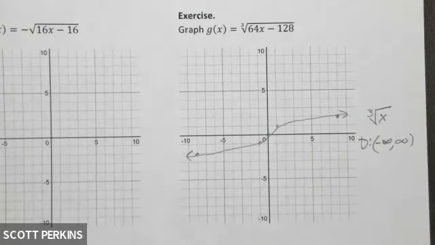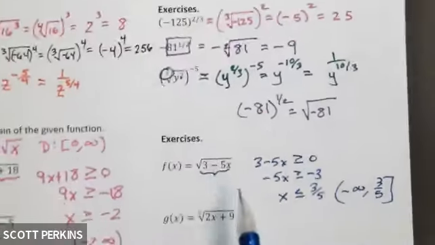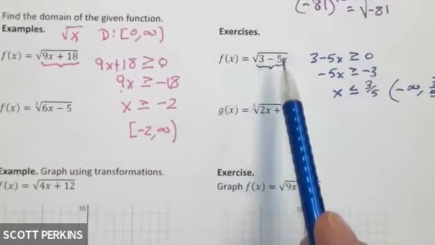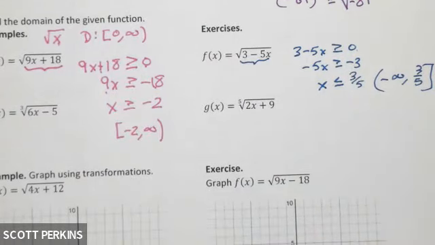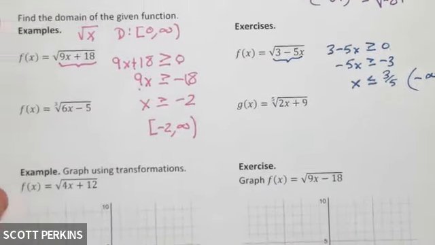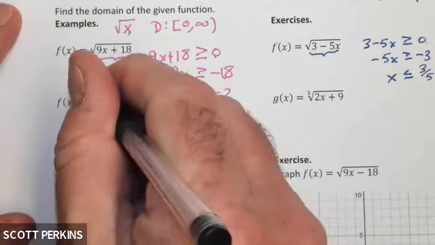So here's the difference, and this is what I'm trying to point out. The square root graph, when the index is even, the domain is 0 to infinity. And so when we were asked to find the domain of these things that are related to square root graphs, we set whatever was under the radical bigger than or equal to 0. That's where that came from. Now, in my next example, underneath the pink one, I've got a cube root.